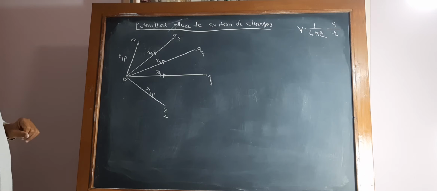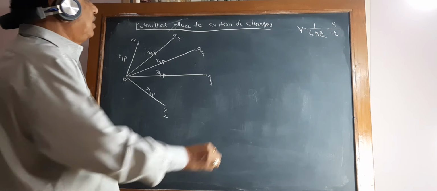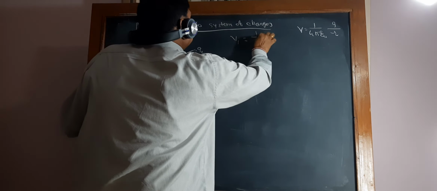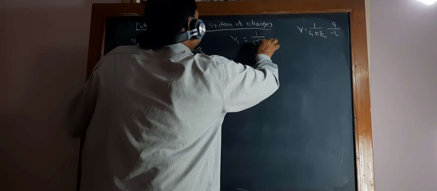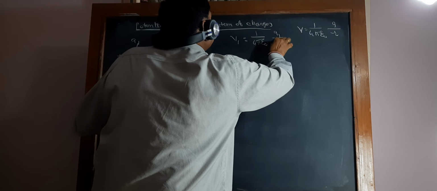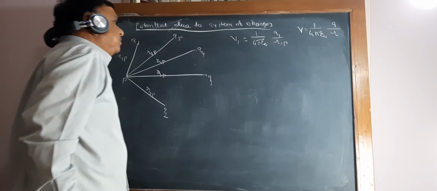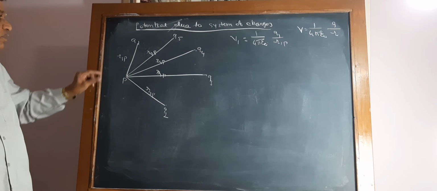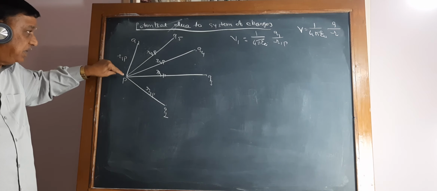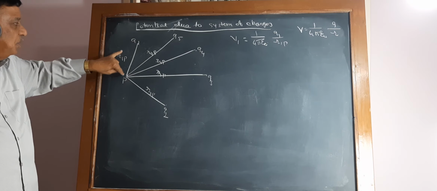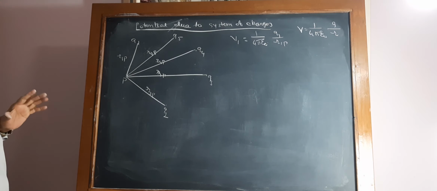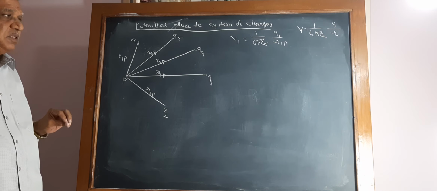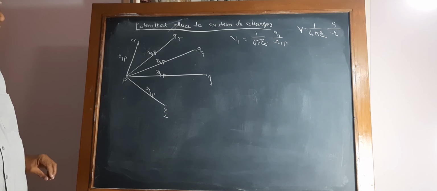Potential due to the first charge Q1, as you know, suppose V1, then 1 upon 4 pi epsilon 0 Q1 by R1P. According to single point charge, potential at point P due to the first charge, V1, is 1 upon 4 pi epsilon 0 Q1 upon R1P.